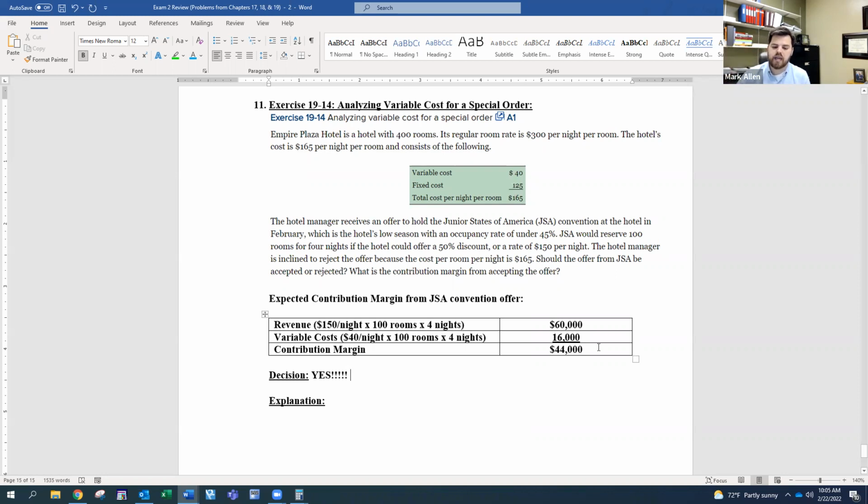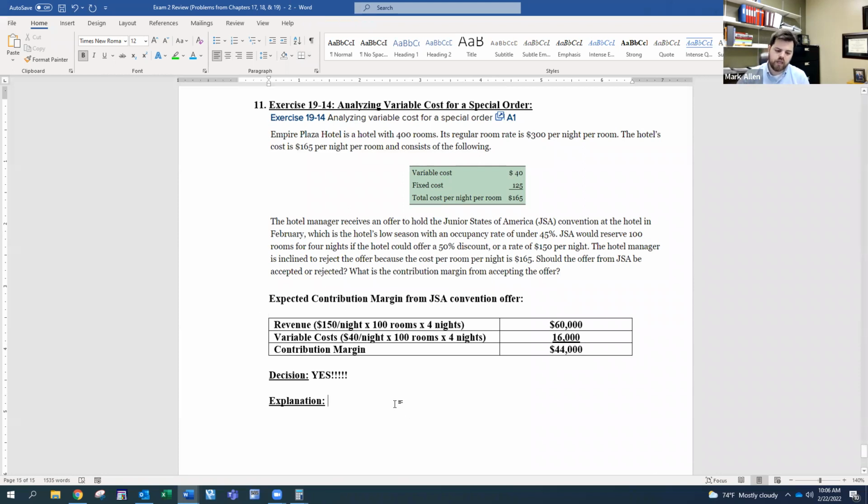So by getting a situation where contribution margin is greater than 0, we decide we absolutely should accept the offer. If we'd come down and we'd seen contribution margin was something like negative 10,000, then I would say, no, don't accept the offer. You're worse off doing so. But that's not what happened here. In this case, we are actually better off by $44,000 accepting this special offer.